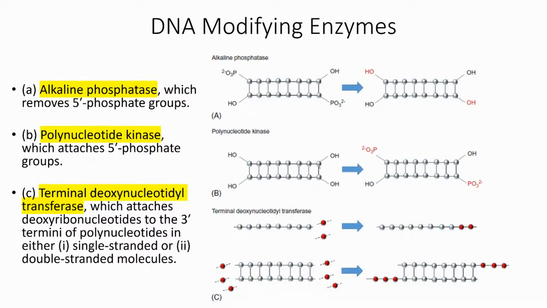And we have this terminal deoxynucleotidyl transferase that will attach deoxyribonucleotides to the 3' end of the polynucleotide, in a single-stranded or double-stranded manner. So here, you have this single-stranded DNA, so you add these to the 3' end.